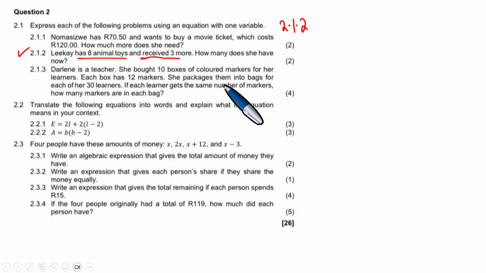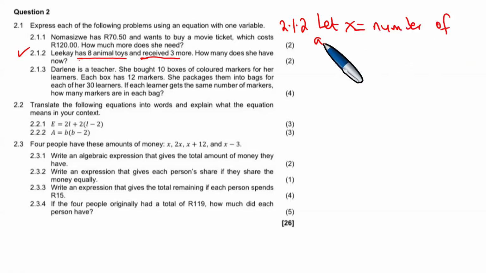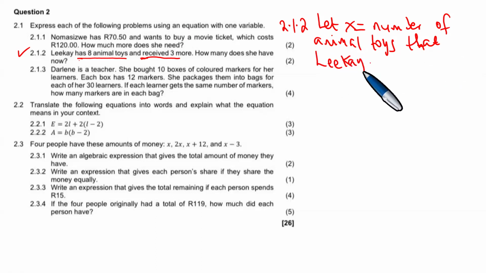Let's express this one as an equation. So let x be equal to the number of animal toys that Lee K has.